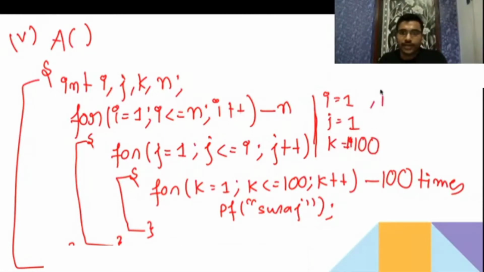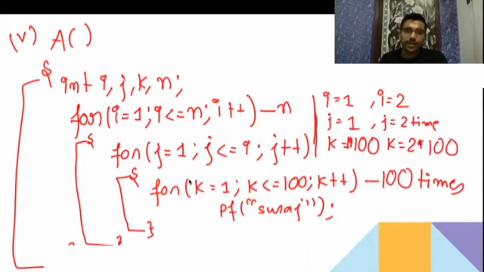Now when i is equal to 2, j will run for 2 times. So this inner loop, k, will run for 2 into 100 times, because this loop is going to run for 2 times. For one value of j, it is going to run for 100 times. Then again for another value of j, it will run another 100 times. So 2 into 100.